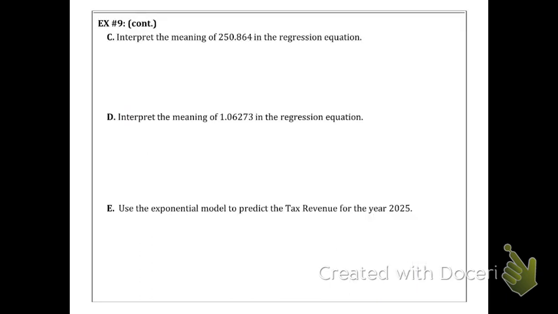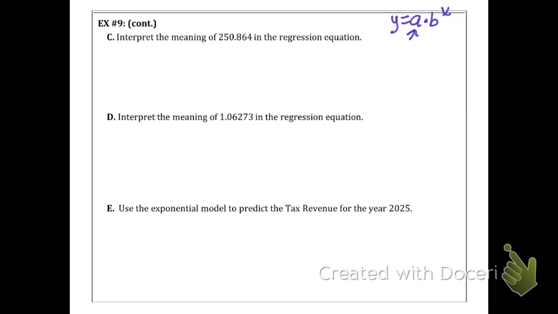All right, C says interpret the meaning of the 250.864. That is that A value, that is the initial value. So remember when we looked at this equation, this A right here was the initial value. It's when our x is 0.